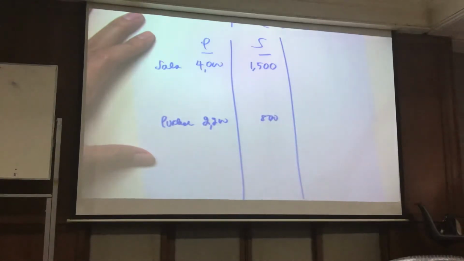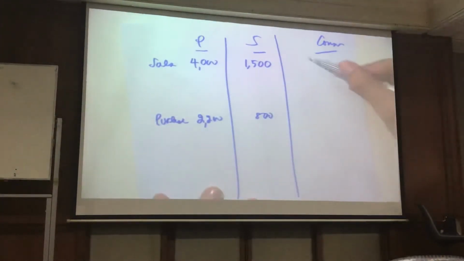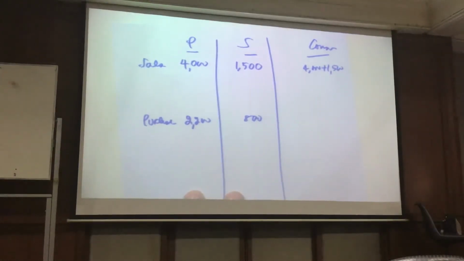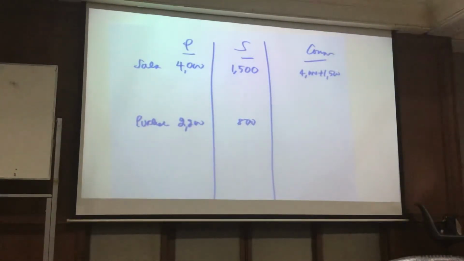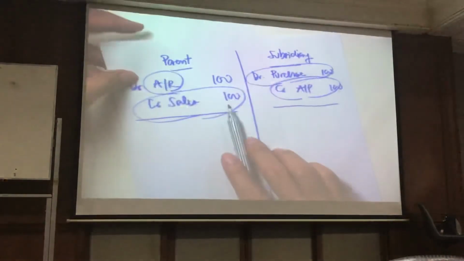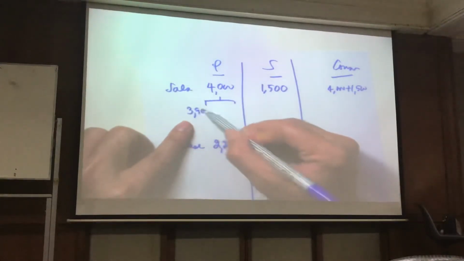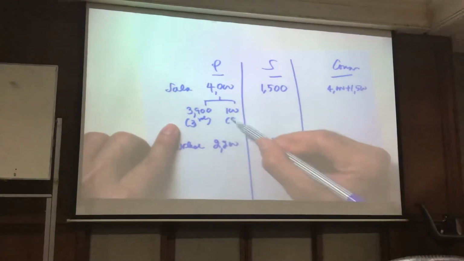In terms of consolidation, what happens to revenue? We put sales together, right? 4,000 plus 1,500. But look, in the transaction from a couple of minutes ago, I made a sale to the subsidiary. So if I break it down, 3,900 is from the third party and 100 I sold to the subsidiary.